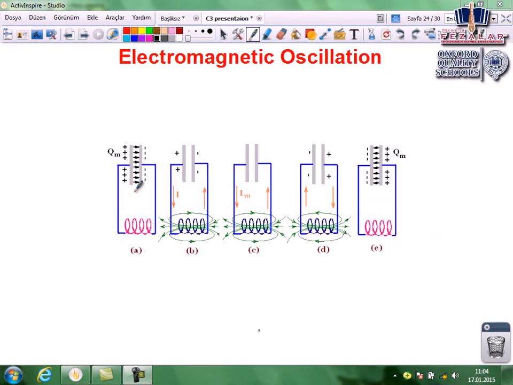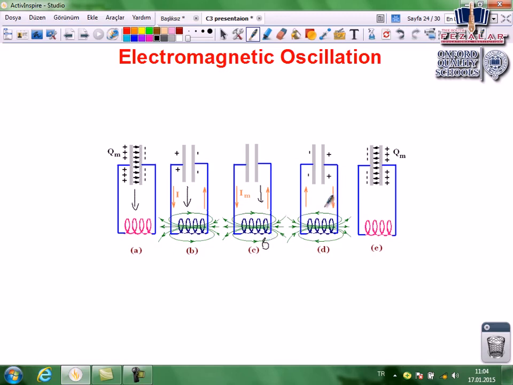Now, electromagnetic oscillation. In an electromagnetic oscillation circuit, a fully charged capacitor is used. Firstly, a capacitor is fully charged, then connected to a pure inductor. When the capacitor is connected to an inductor, the capacitor discharges and starts to give its energy to the inductor. When the inductor stores this energy as a magnetic field, the capacitor becomes completely discharged.